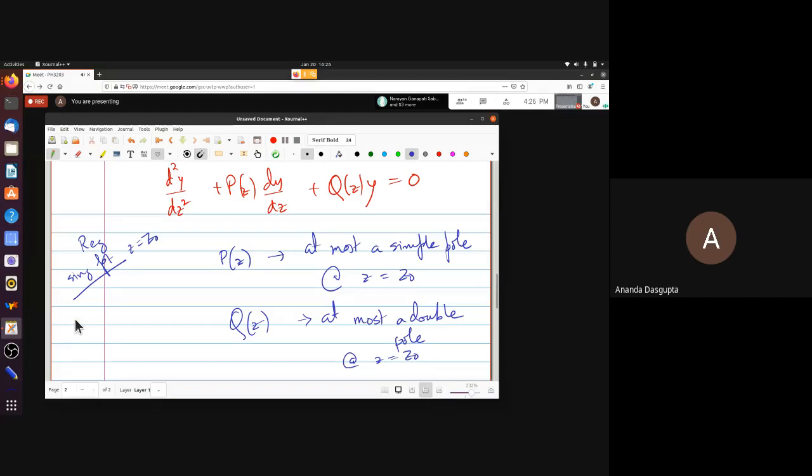The exponential of a negative power of (z minus z0) is certainly going to give you an arbitrarily large number of negative powers of (z minus z0), and hence will give rise to an essential singularity at z equal to z0. So why P(z) can be at most a simple pole can be understood simply in terms of the Wronskian of the differential equation. Any confusions about this?